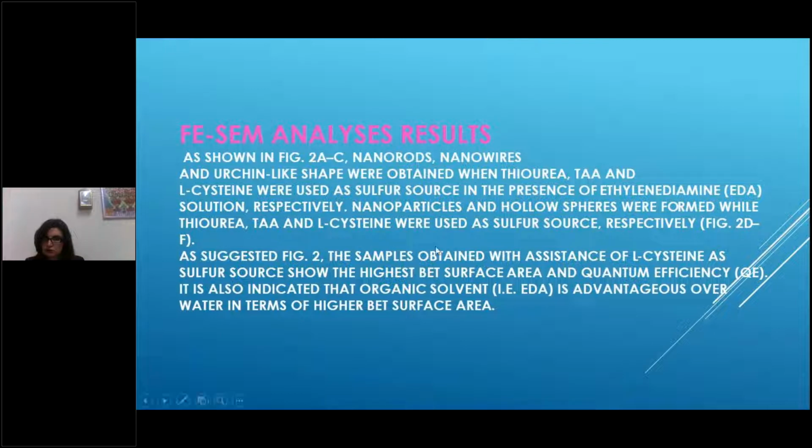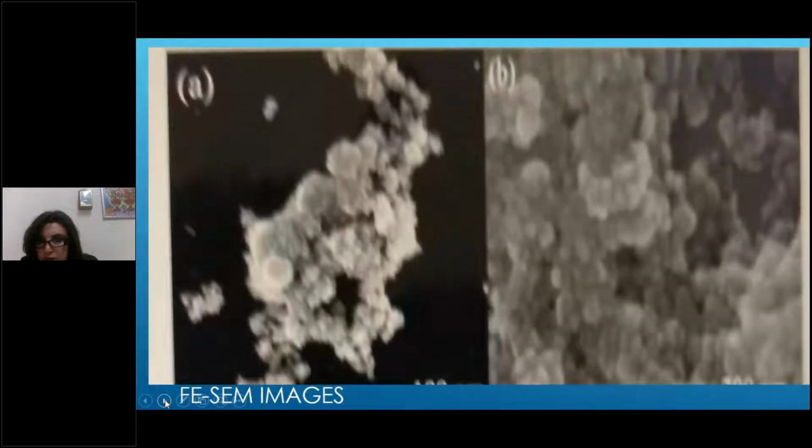The samples obtained with the assistance of cysteine as sulfur source showed higher BET surface area and quantum efficiency. This indicated the organic solvent is advantageous over water in terms of higher BET surface area, as you see.